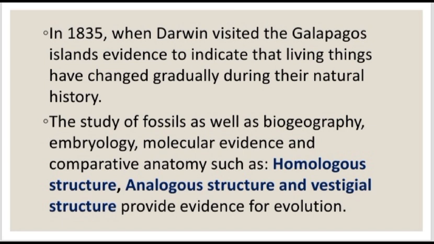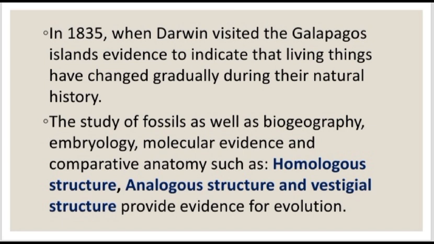Last but not the least, the comparative anatomy. This is the study of body parts of different animals to see similarities and differences. In comparative anatomy, there are three important types of structures, which are the homologous structures, analogous structures, and vestigial structures.